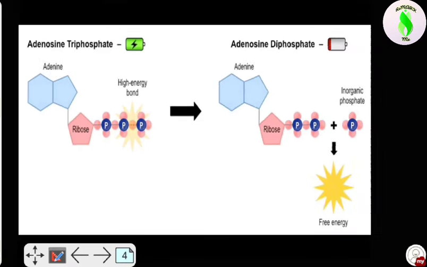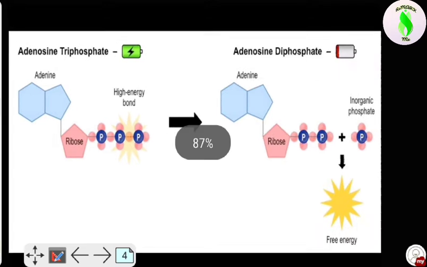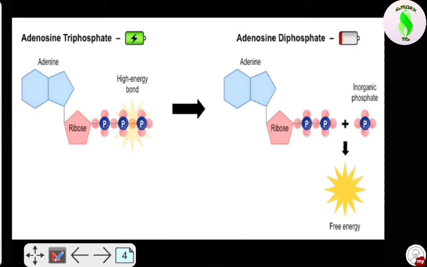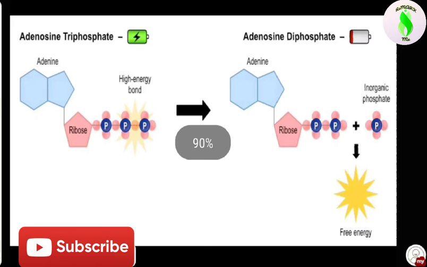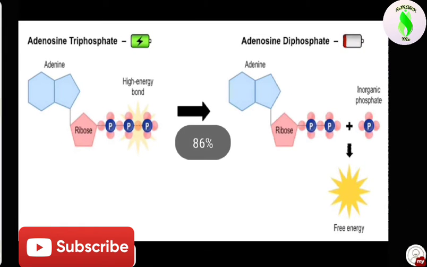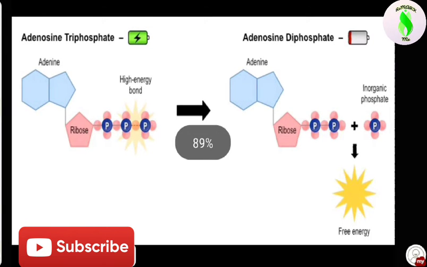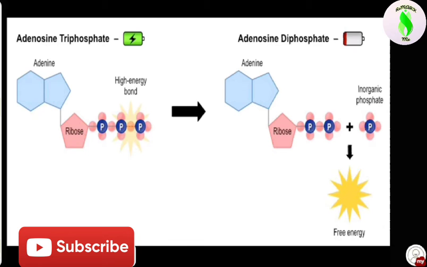Now, as you can see over here, there is ADP, adenosine diphosphate, which has no energy. On the left-hand side, there is ATP, adenosine triphosphate, with 3 phosphate ions. When this ATP breaks down into ADP plus 1 inorganic phosphate ion, the energy is released in the form of the inorganic phosphate ion.